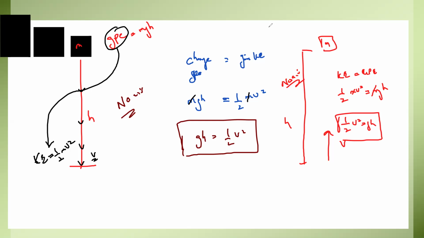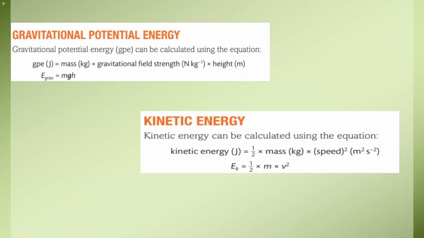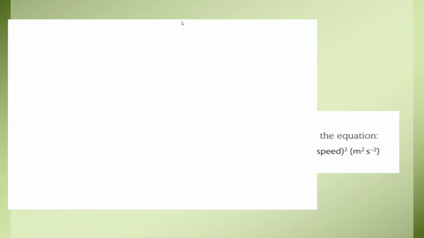But what if we have air resistance? In that case, the formula will not be the same. So if there is an air resistance opposing the motion, for example, there's an object of mass m, and it is dropped from a certain height h.